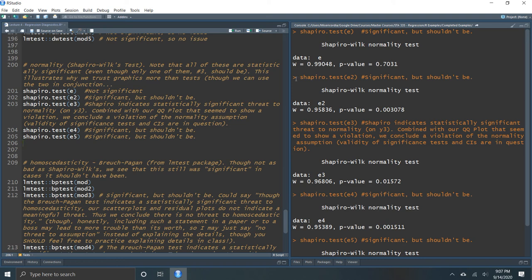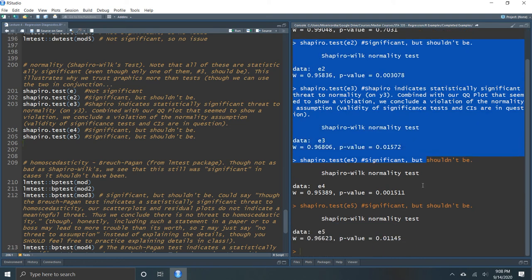This is important to realize with the Shapiro test, and again, why I recommend not using statistical tests, or only using them in conjunction with the plot. If you recall that plot, it kind of looked like it had a lazy S, but we weren't sure. So maybe we would run a Shapiro test to check on that. And what we would say then is Shapiro indicates a statistically significant threat to normality for the data set we're working on.